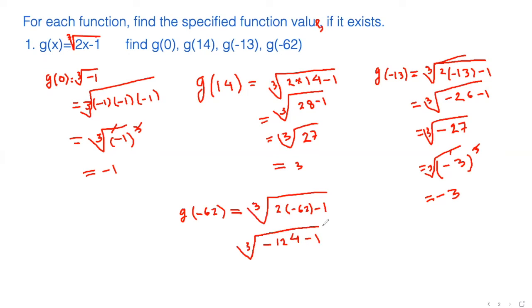Negative 124 minus 1 is negative 125, and cubic root. Now, if you can recall that 5 times 5 times 5 is 125, so the answer is negative 5. So you can write it like this, negative 5 to the power of 3. Negative 5 times negative 5 times negative 5 is minus 125. And then cubic root, so they cancel each other. And the answer is negative 5.